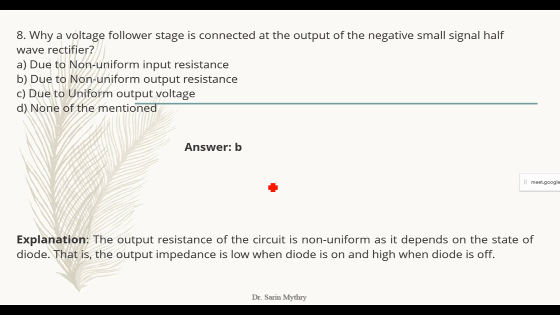So ultimately, the output resistance is not uniform. That's why a voltage follower stage is connected to the output of a negative small signal half wave rectifier, so that this non-uniformity is minimized to some extent. So option B is the correct one.